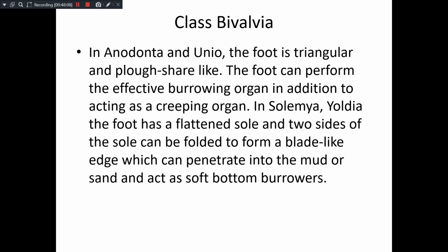In some, like Solemya and Ensis, the foot has a flattened sole, and two sides of the sole can be folded to form a blade-like edge.